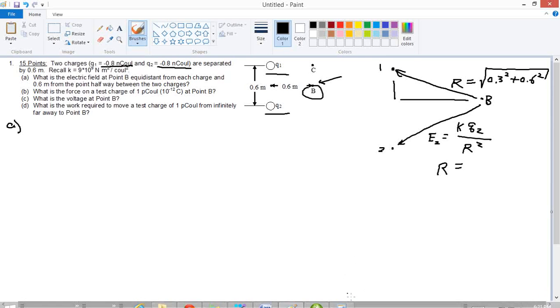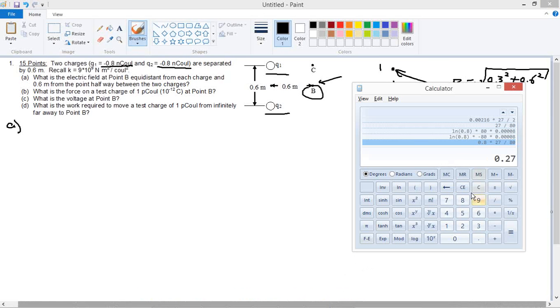Let's go to our calculator. 0.3 squared plus 0.6 of a meter squared. Take the square root. I got 0.671.